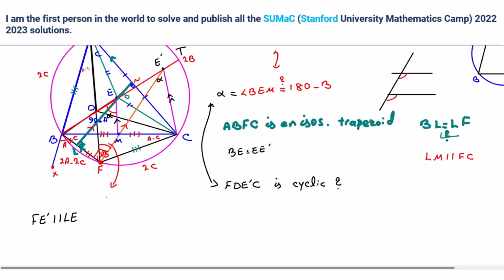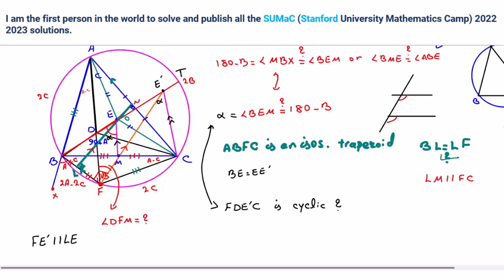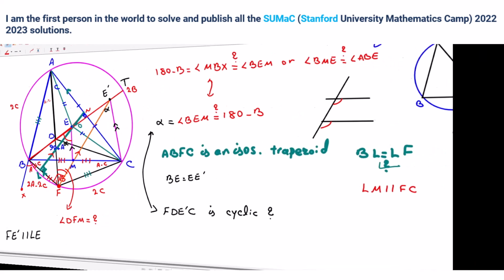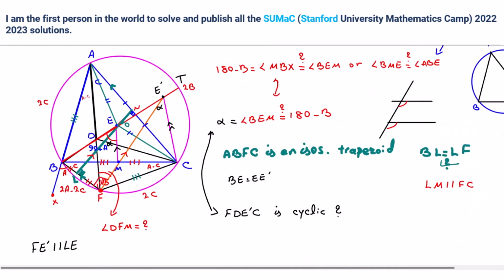DFM is what in terms of ABC? We have 90. Yes, we can calculate it. 90 minus C, yes, good job. Because this one is C, so this one is 90 minus C.